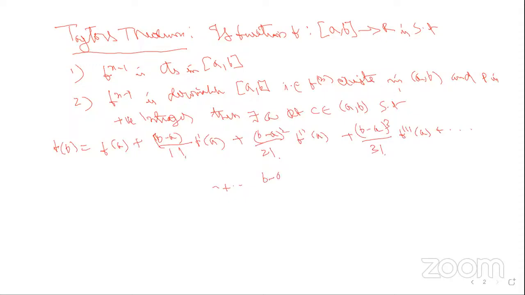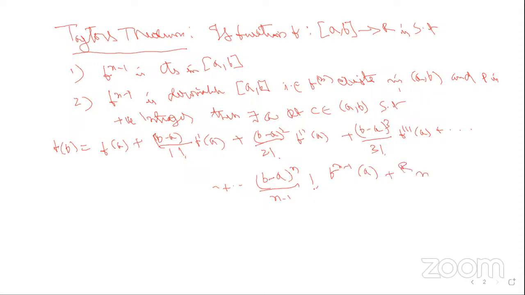up to (b minus a) whole power n minus 1 divided by (n minus 1) factorial into f of n minus 1 of a, plus Rn.